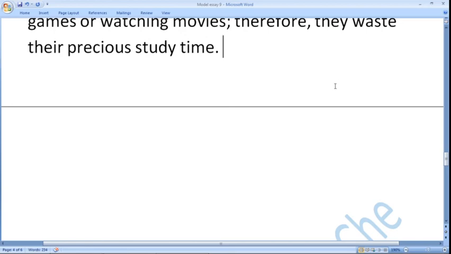Now let us see, if they do something different, what would they achieve? This is something to expand a bit more.